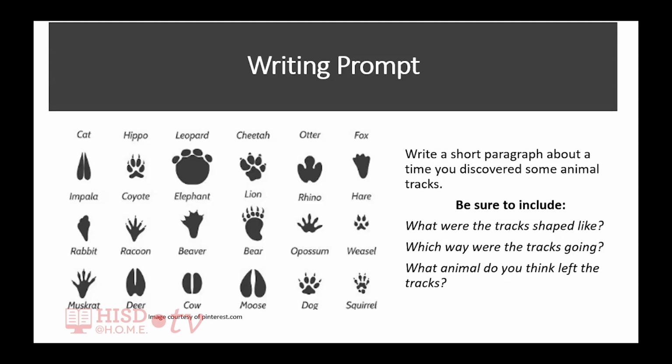On this writing prompt, we have pictures of a cat, impala, rabbit, muskrat, hippo, coyote, raccoon, deer, leopard, elephant, beaver, cow, cheetah, lion, bear, moose, otter, rhino, opossum, dog, fox, hare, weasel, and squirrel. Take a minute to look at all of the different animal feet and what makes them unique.